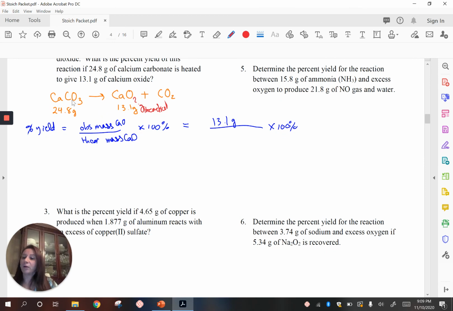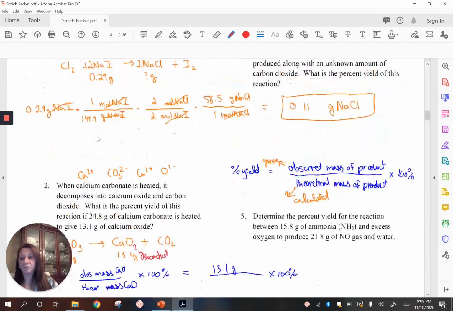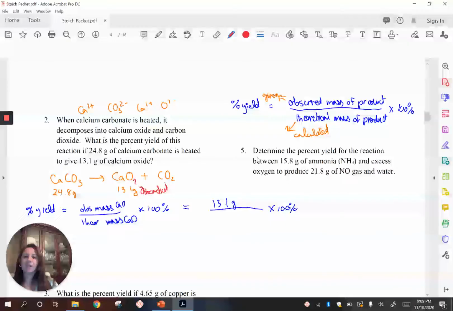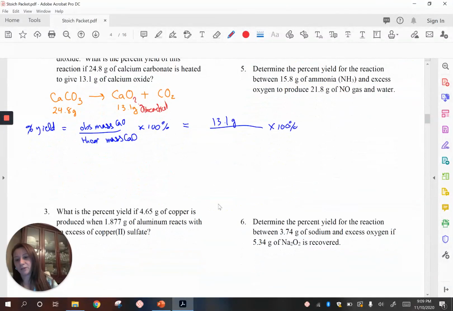Well, you start with your reactant and you say, if I use up all of my reactant, how much of this product should I theoretically get? So this step is pretty much the same thing as this right here, where I'm given grams of the reactant and I'm solving for grams of the product. So remember, this is a three-step problem.